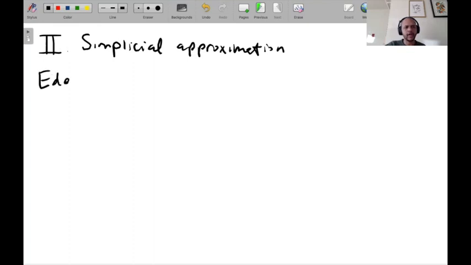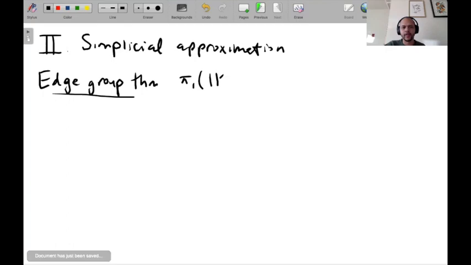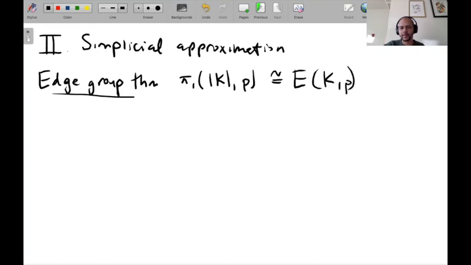The edge group theorem says that the fundamental group of the geometric realization of a simplicial complex is isomorphic to the edge group of that simplicial complex. And so a main tool for proving this is simplicial approximation. So let me give you a definition.